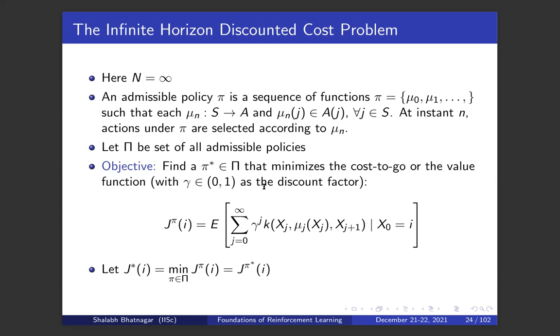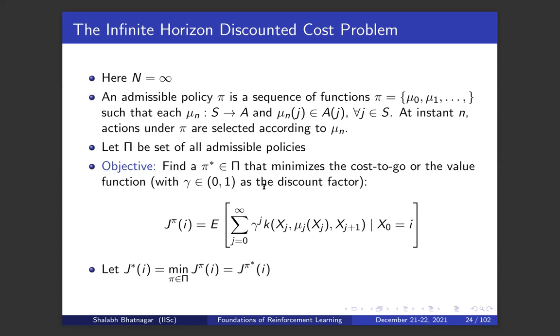But of course, as you can see, the length of the window that you look at will be guided by gamma. And gamma plays a crucial role. For instance, compare two situations, one where gamma is like 0.1 or 0.01, which is a very small quantity, and contrast it with gamma equals 0.99 or 0.999.